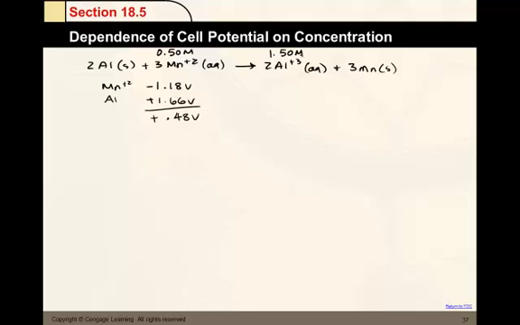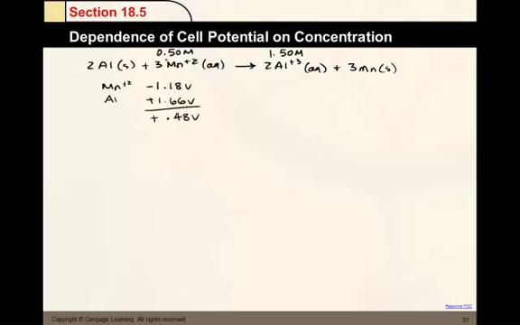And let's think about Le Chatelier's principle for a minute. If I decrease the concentration of Mn and increase the concentration of aluminum ions, think about the imbalance there. I've decreased the reactant and I've increased the product. Which way will the reaction shift in order to reestablish its previous equilibrium? Well, if I add more products and reduce the reactants, the reaction is going to shift to the left.